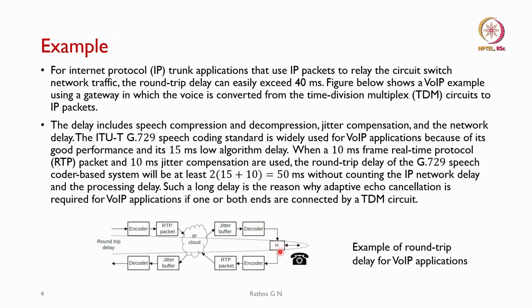This is the hybrid circuit. As you are seeing, the telephone is here. From there you do the encoding and then send the RTP packet here to the cloud, and then there is a jitter buffer and then you can decode it.